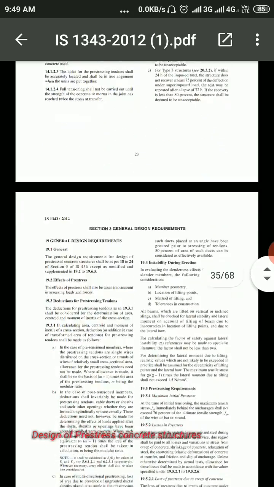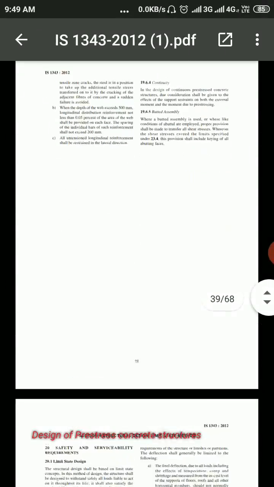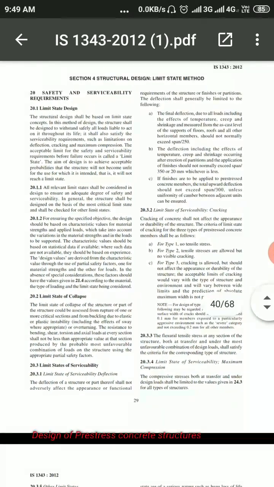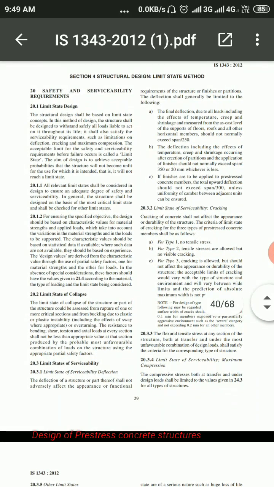Here we are going to use IS 1343 for design of prestressed concrete. Some parts are similar, and for some parts we will use IS 456, the basic clauses applicable to both normal concrete slabs and prestressed concrete slabs.